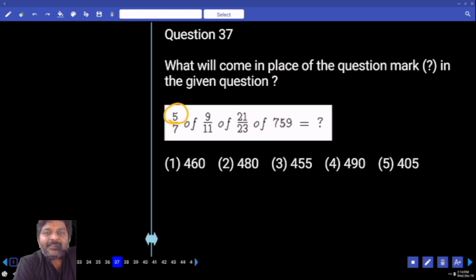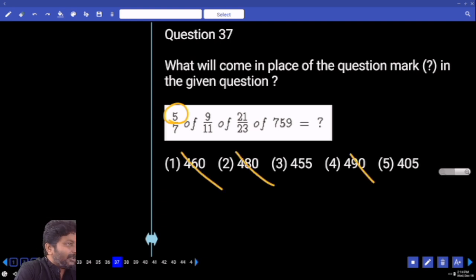How many of your options are 5 multiples? All are 5 multiples. Right. In the numerator, do you see any even number? Then can you get 0 in your answer? So I can eliminate 3 options now. You have a 5 multiple, but there is no even number. So the answer cannot end with 0. It should end with only 5.